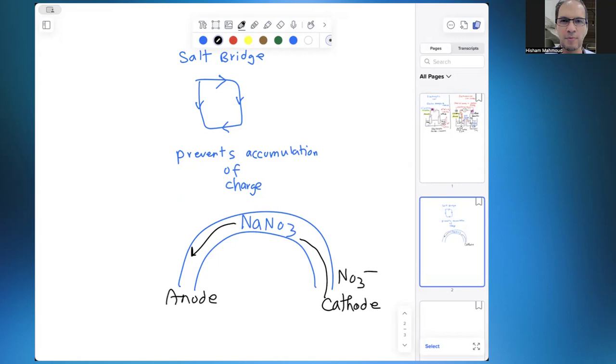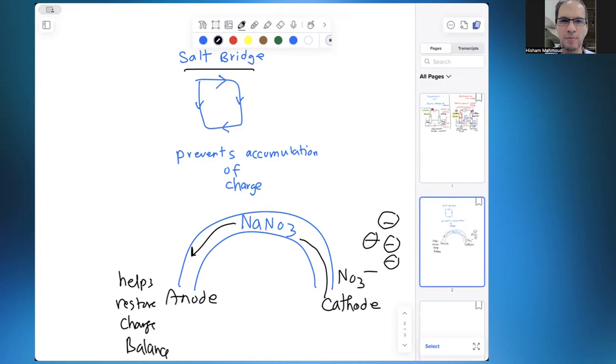It takes some of the negative charge, because the negative charge was piling up here from the electrons. So it takes the negative charge from here to here, and this helps to restore charge balance. I will not have accumulation of negative charge now, because nitrate has moved here and took some of the charges from the right to the left, from the cathode to the anode. So these are the benefits of the salt bridge.